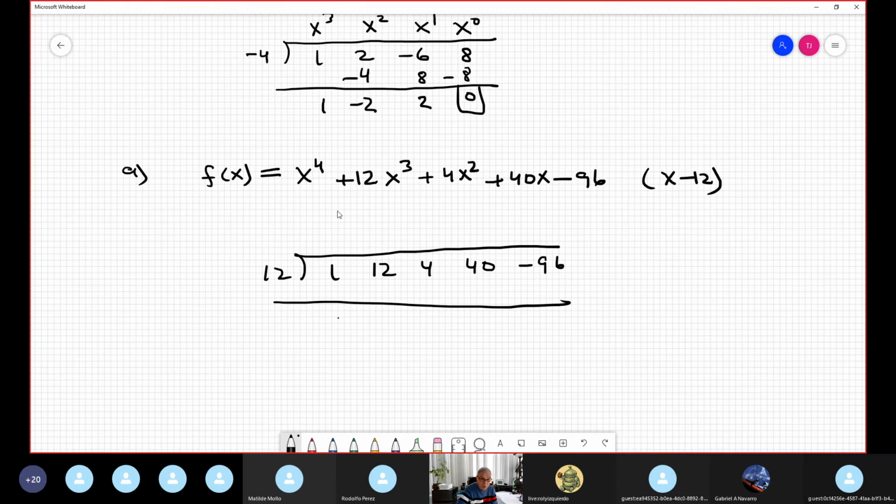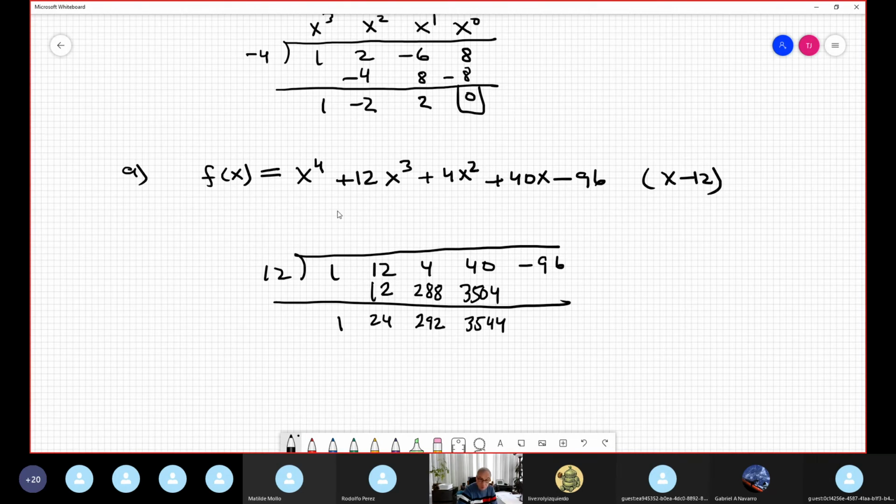Bring down 1. Multiplication is 12. This is 24. Multiplication, 24 times 12 is 288. Now combine here is 282. Multiplication, a big number. When you see the numbers increasing too far, it's because it doesn't work. Now we combine this guy, it is 3,544.